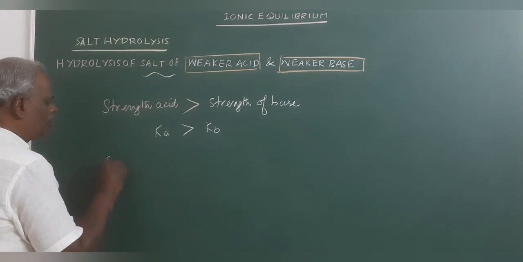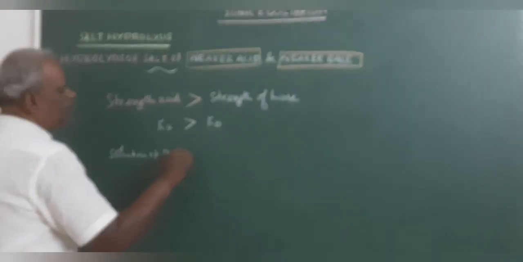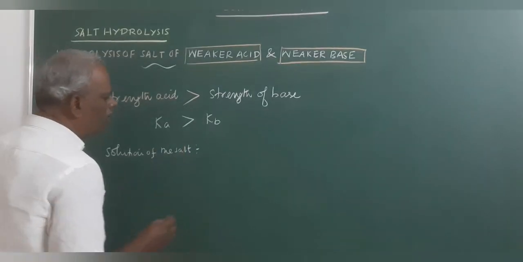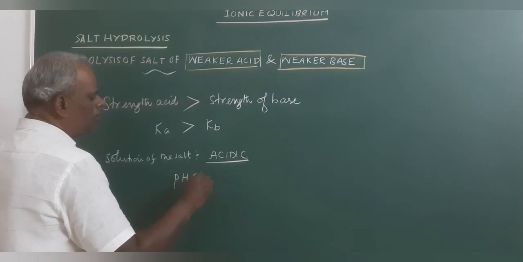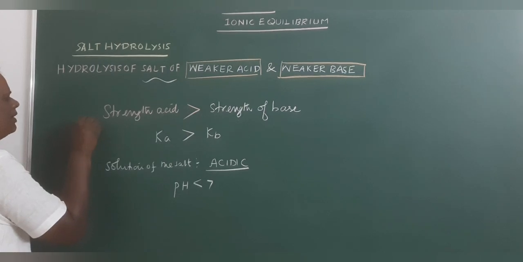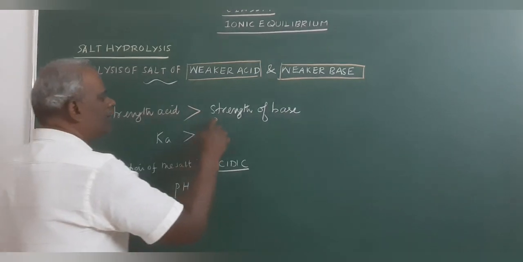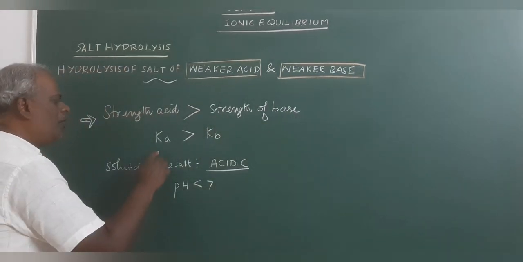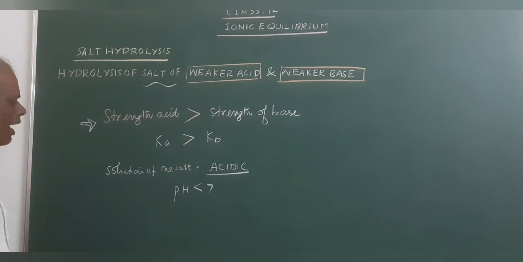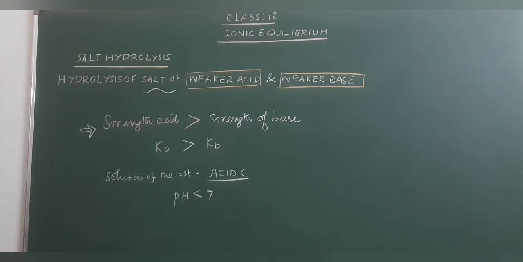The resulting solution of the salt might be acidic in nature, and if you calculate pH, it will be less than 7. So this is the first condition: when the strength of acid is greater than that of base, Ka is greater, and the resulting solution is acidic and pH is less than 7.